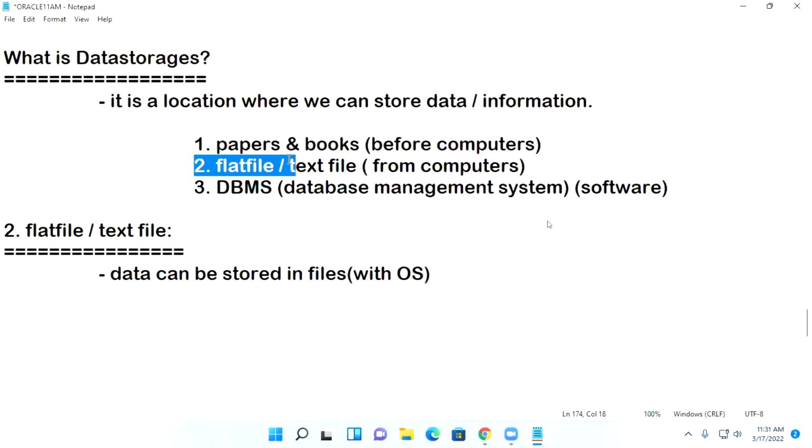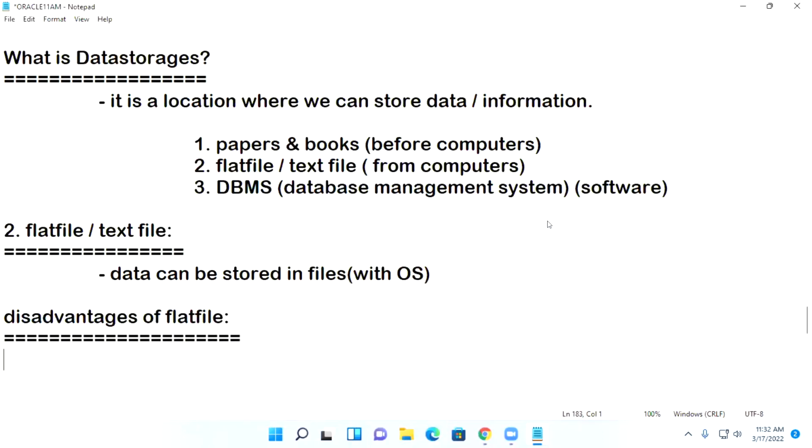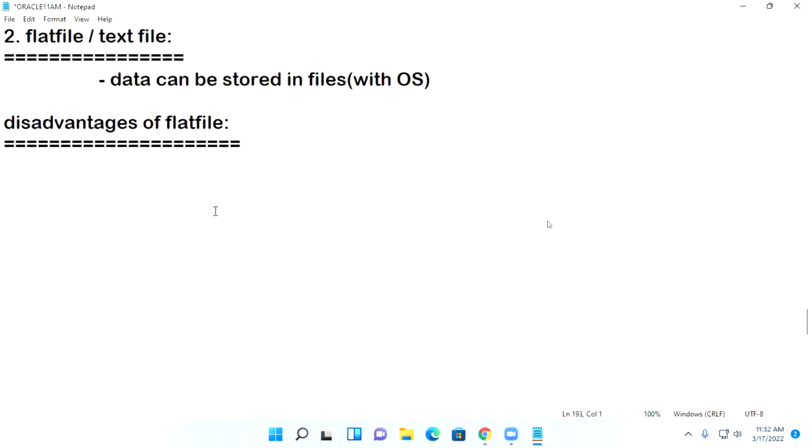Again, people identified so many problems and drawbacks in flat files. So I'll go directly to the disadvantages of flat files. The main points we will discuss in this flat file mechanism: the first problem is the data redundancy problem.